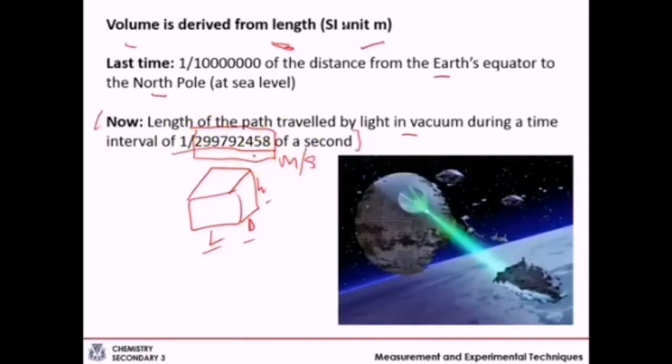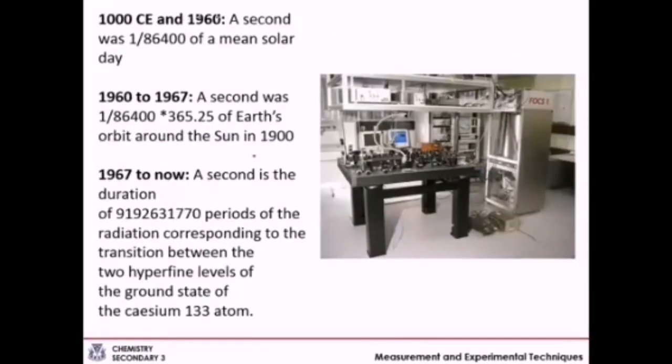Now we are saying that 1 meter divided by something is called the speed, and which unit is mass. Before 1960, a second was 1/86,400 of a mean solar day, and from 1960 to 1962, a second was 1/86400 multiplied by 365.25 of Earth's orbit around the Sun.